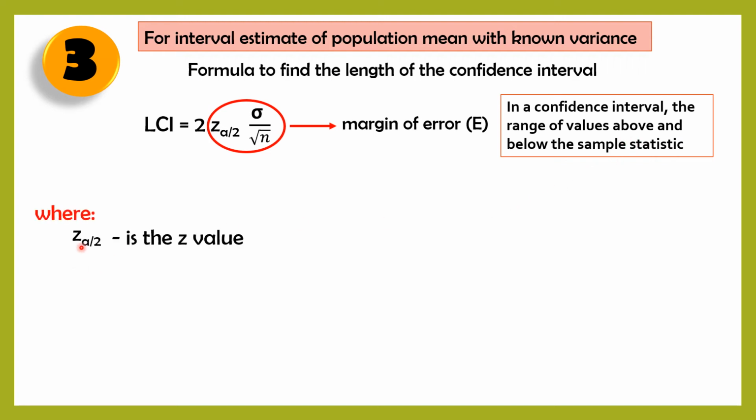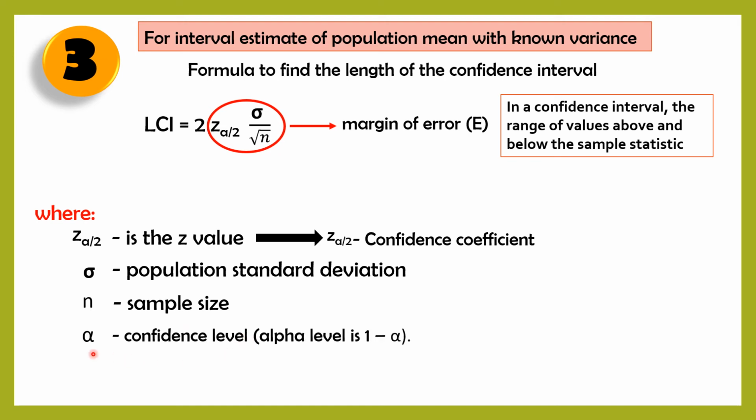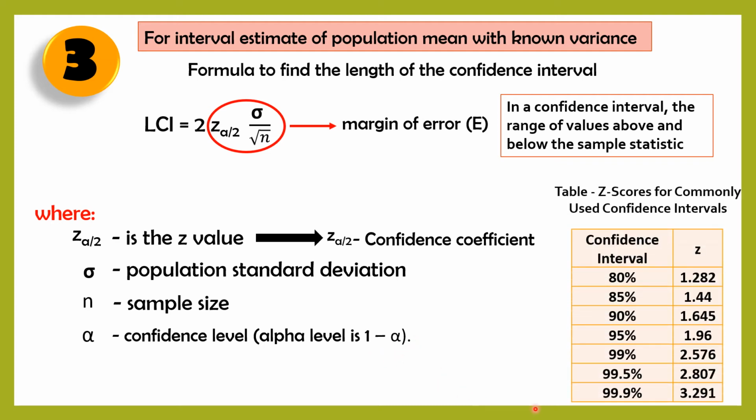So, wherein C sub alpha over 2 is the C value. So, that is the confidence coefficient or yung tinatawag nating critical value. Ang ating lowercase sigma, that is population standard deviation, and n is the sample size. Ang A natin is the confidence level na 1 minus alpha. So, we can use also the table for the C-scores for commonly used confidence interval. So, yung parang kanina.